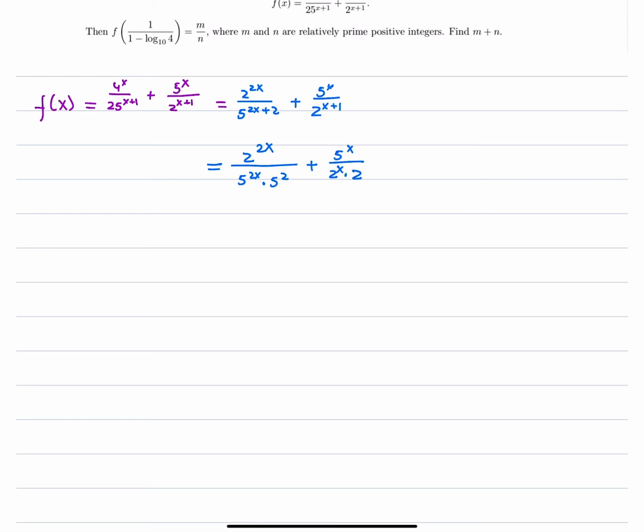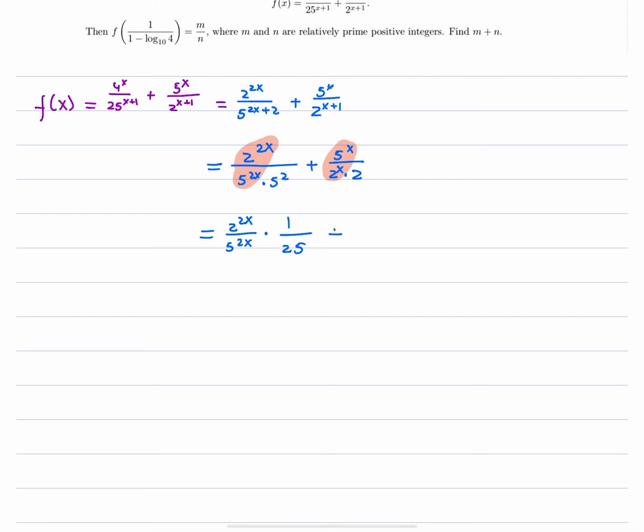I think this already rings a bell. We can write this part separately and this part separately as well. I can write this one as 2 to the power of 2x divided by 5 to the power of 2x multiplied by 1 over 25, since 5 squared means 25. Multiplying fractions means numerator times numerator, denominator times denominator, so I have a right to write it like that.